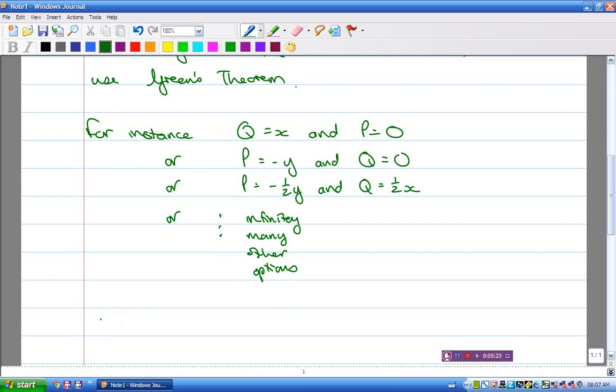So our area, which is the double integral over D of 1 dA, if we turn it into a line integral along C, where C is the boundary of D, then the line integral becomes, let's have a look, if we use that first one where Q is x and P is 0, we'd end up with x dy.